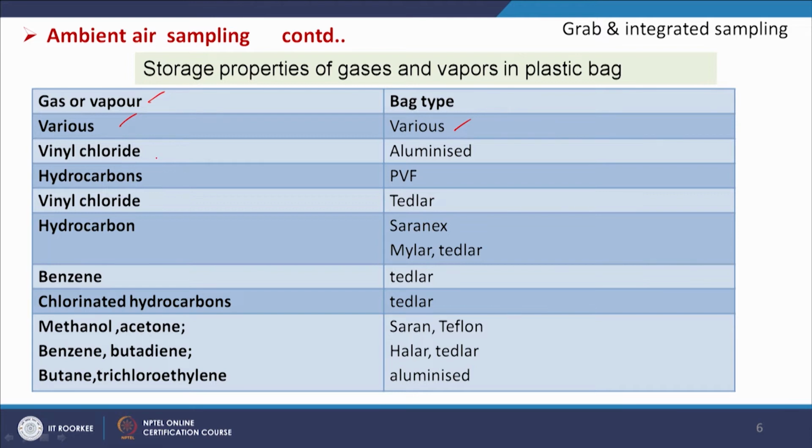For vinyl chloride we can go for an aluminized bag; for hydrocarbons, PVF, polyvinyl fluoride, or Tedlar. Mylar and Tedlar are different types of bags, and their compositions are different. For benzene we can go for Tedlar; for chlorinated hydrocarbons again Tedlar; for methanol and acetone, Saran or Teflon; for butadiene, Halar or Tedlar; for butane and trichloroethylene, aluminized bags. These are some typical examples.